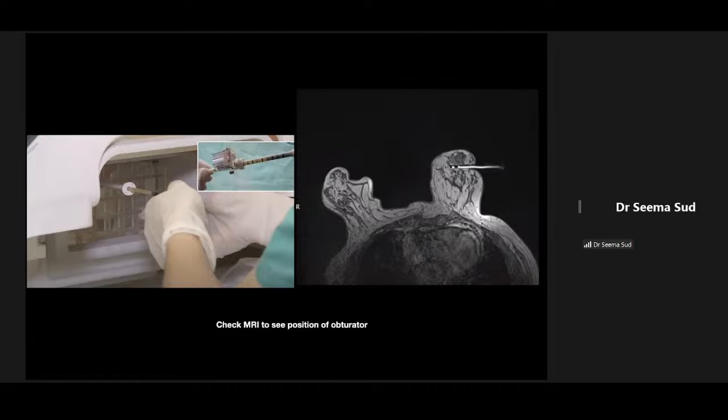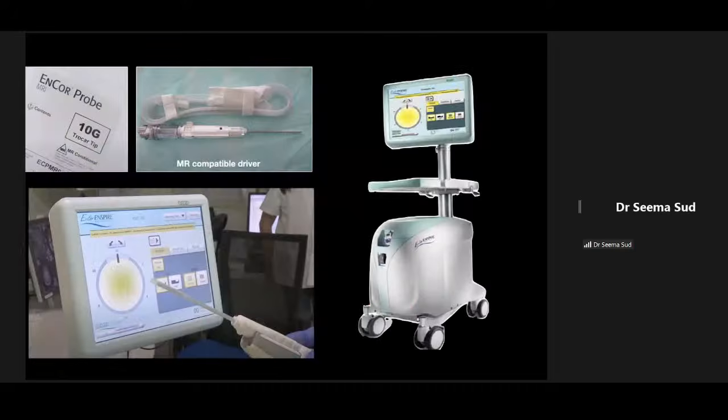So now, after we've introduced the obturator, you can see we are right at the target. So you've taken a check cut, and after you've done this, you remove the obturator, put in the MR compatible drive, and you just have to press a button, and the machine will automatically cut in all quadrants. So it goes 360 degrees around. So this is one complete circle.